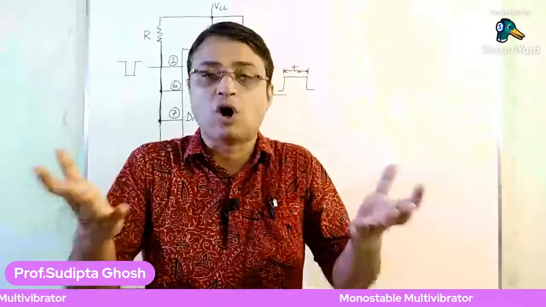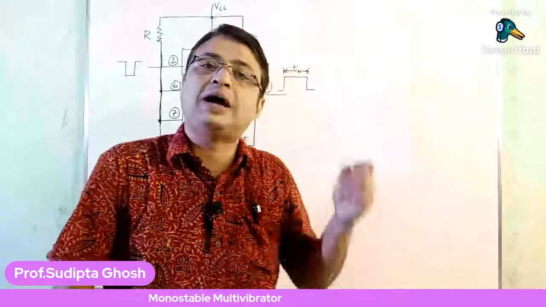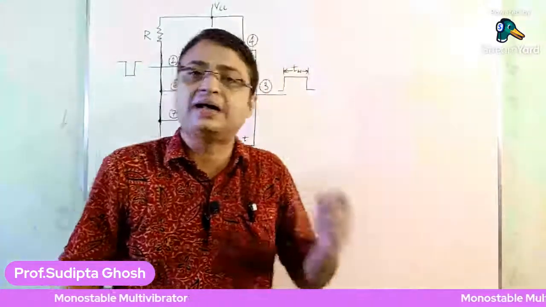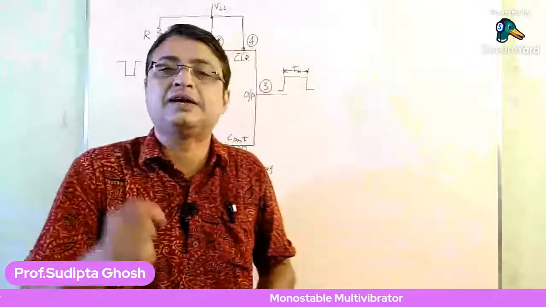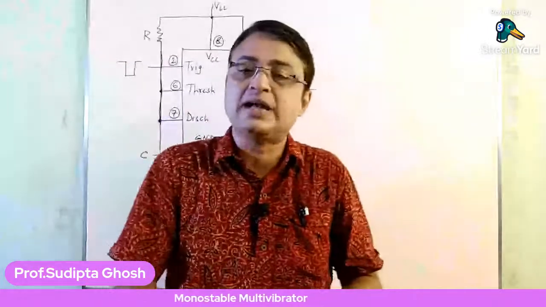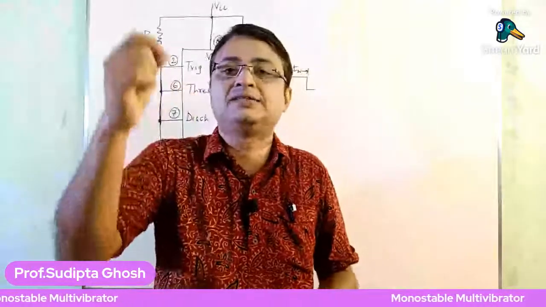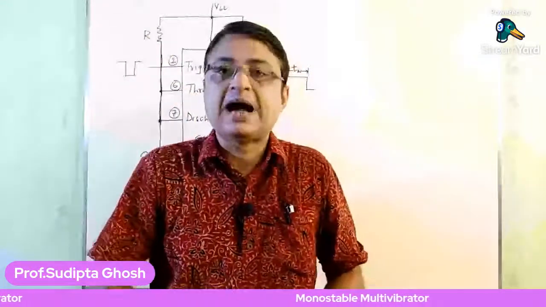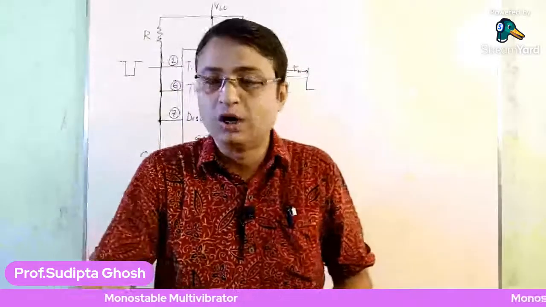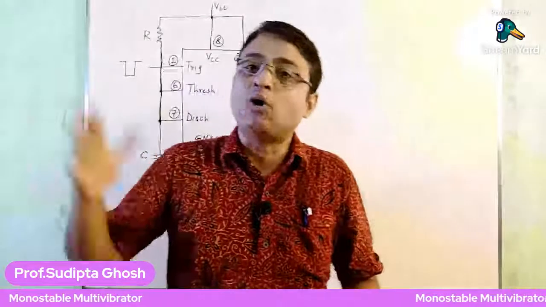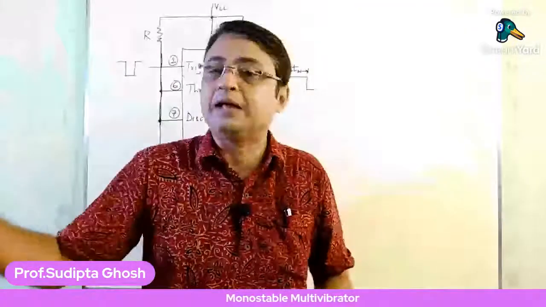As we all know from the truth table of an SR flip-flop, while S equals 1 and R equals 0, the Q output of the SR flip-flop goes high. So right now the Q output is high, and that makes the Q bar of the flip-flop go low, and as a result the final output of the 555 timer goes high.